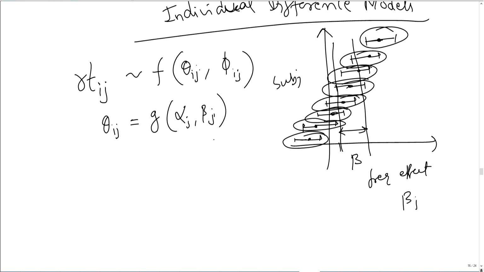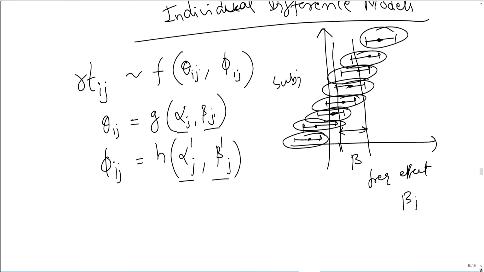And phi ij is also a function of, let's say, alpha dash j and beta dash j. Okay. So these are individual level parameters, right.